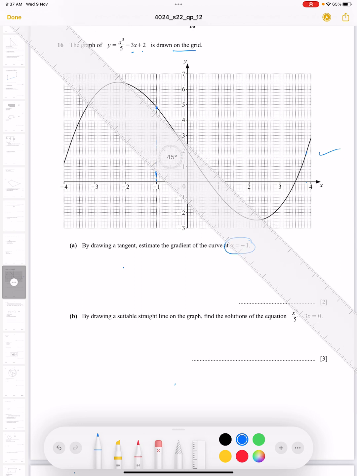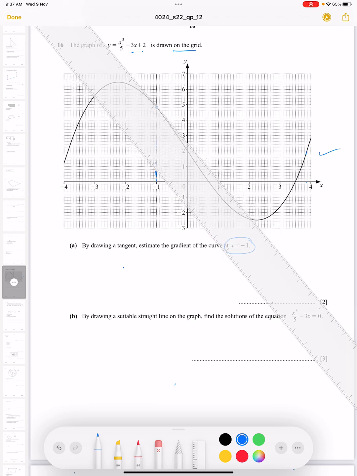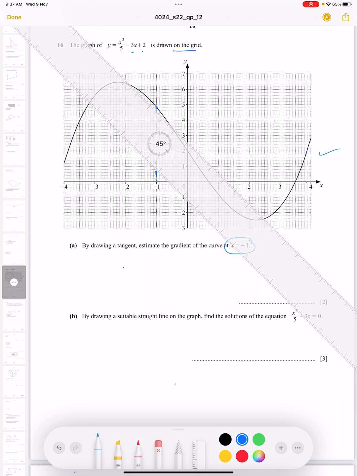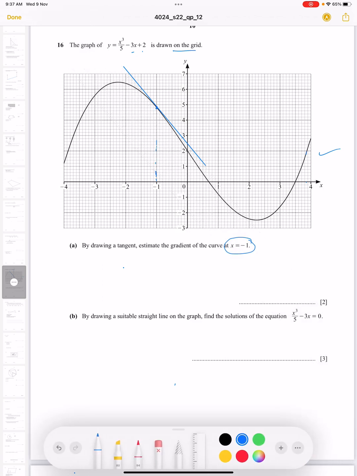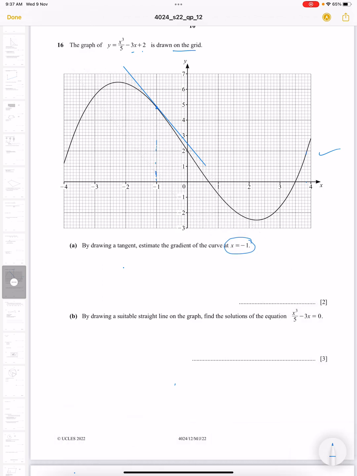And you know that a tangent is that line which touches the curve only at one point. So let me draw the tangent. That will be approximately this one. That's the tangent. Now we have to estimate the gradient at this point.